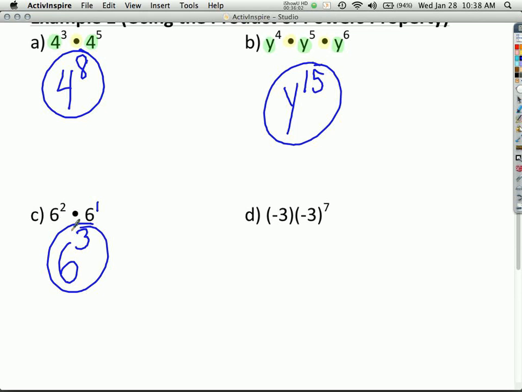Some people are catching on, some people not yet. That's fine. Doesn't matter. Just give me a thumbs up if you think you've got an answer for part D. Okay, Marcus, what'd you put? Okay, Amani, what'd you put? Okay, so we have two different proposals. -3 to the 8th power, and you say 9 to the... Okay.